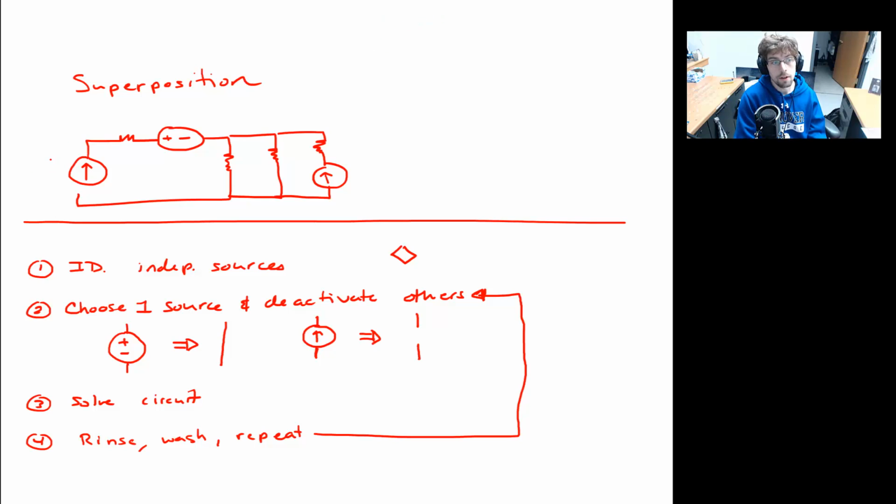One with the leftmost current supply, one with the potential, and one with the rightmost current supply. In fact, take a minute, pause the video, and go ahead, draw out what the circuit looks like when I choose the leftmost current supply.